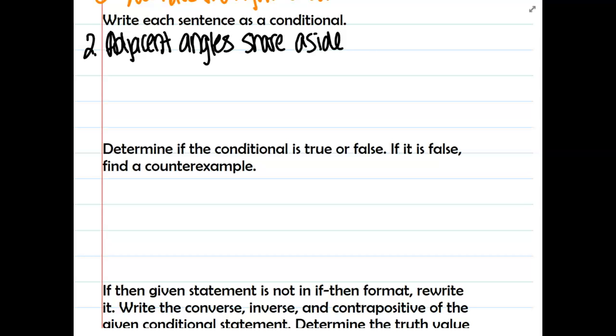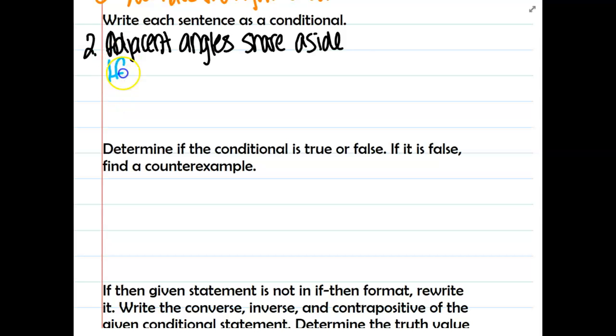Now, last hour I think this was a little bit harder to think through just because we're new with it. Because it kind of seems just like one thing. Adjacent angles share a side, okay? But there's one thing that has to be true first, before I even talk about the second thing. What's the first thing that would have to be true? That they'd have to be adjacent angles, okay? That's your hypothesis.